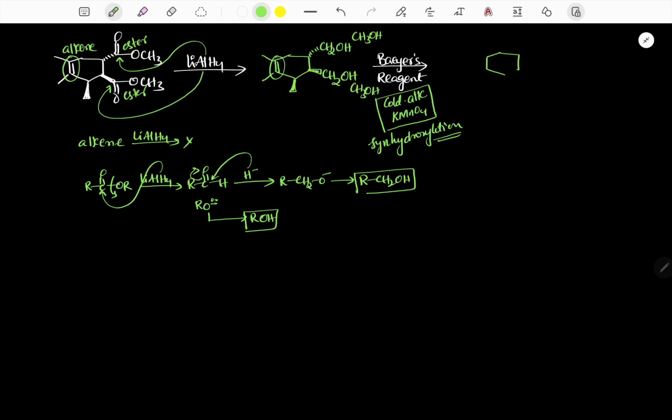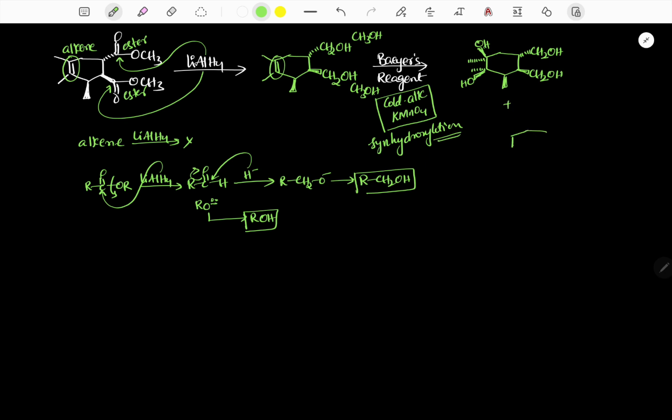Therefore the corresponding products are: OH above the plane, syn hydroxylation. Of course the corresponding methyl is below the plane.